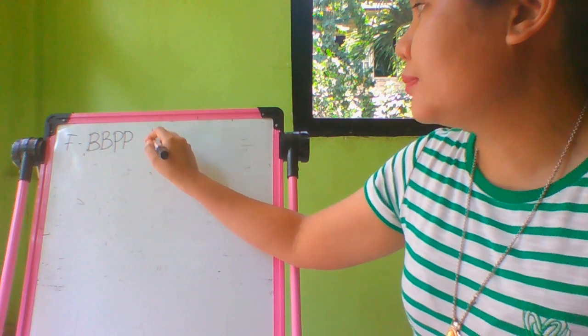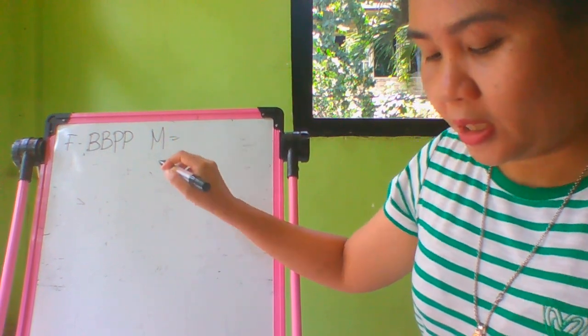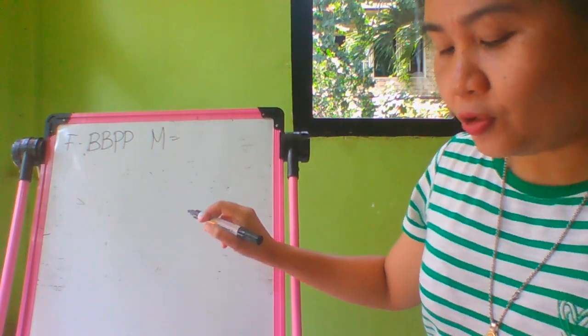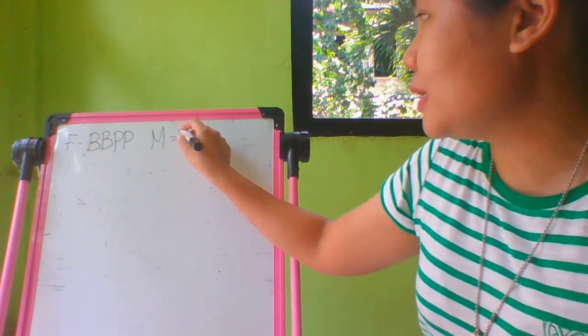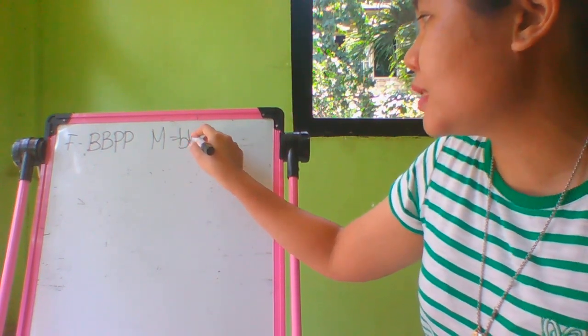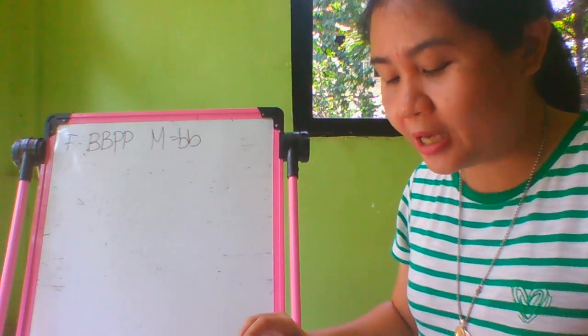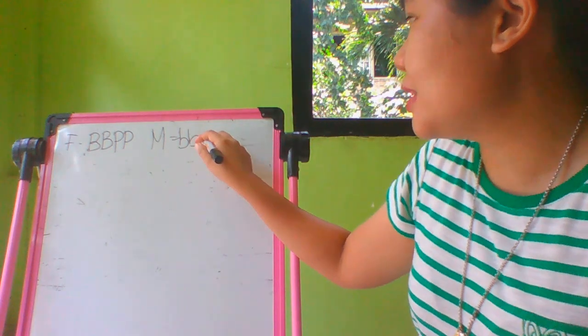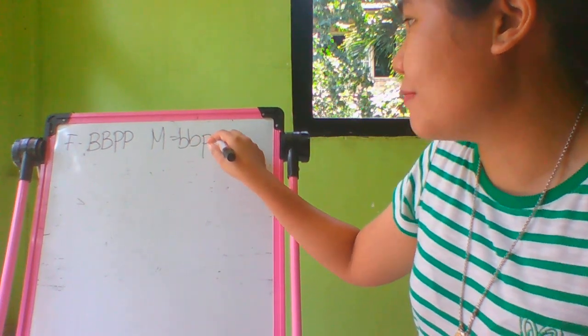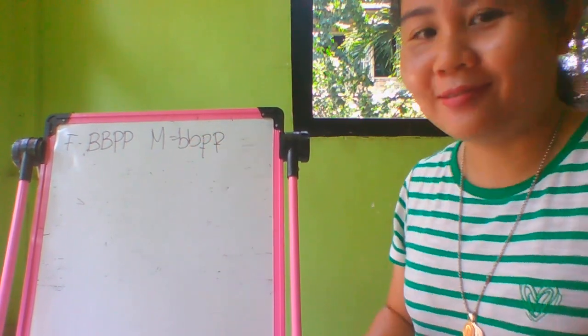The male is a Hereford. Usually Herefords are red. Red is actually a recessive trait, so it's in small letter b, and usually Herefords also have horns, thus they have this one.